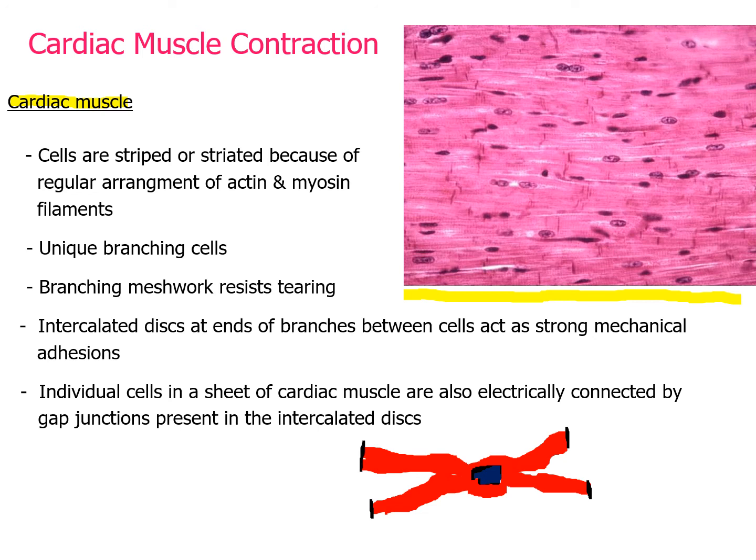So you have intercalated discs at the ends of the branches, and they act as a joint from one cell to the next, and allow for conductivity of signals because they have multiple gap junctions within them. So overall, the cells that are all attached in the cardiac muscle tissue through these intercalated discs can act together as what's called a syncytium. So the whole area of cardiac muscle can contract as one.